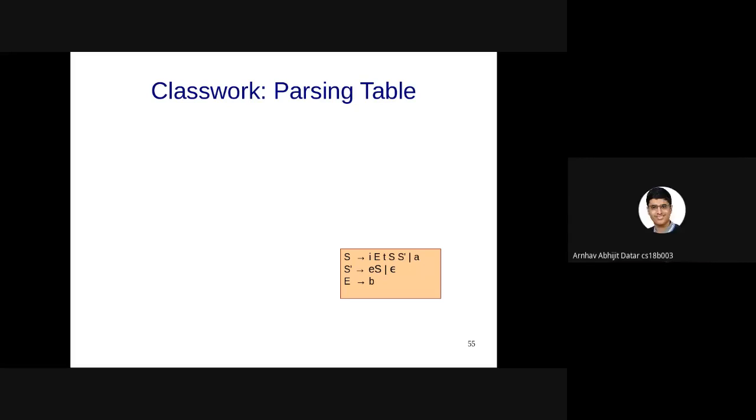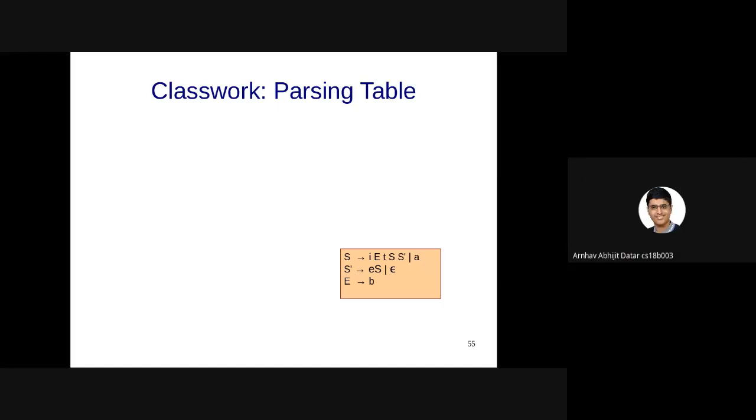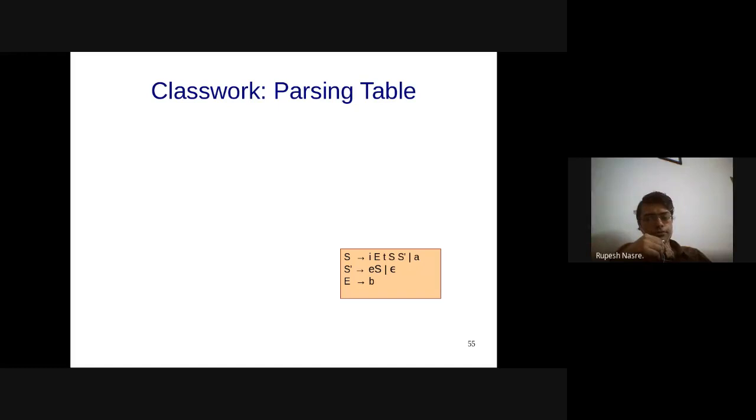So S dash should have the first of S dash in its follow set, because you can produce S within it twice to get S dash. So S dash should have first of S dash in its follow, which is E dollar. Sure. Got it. Thanks, Arnav.